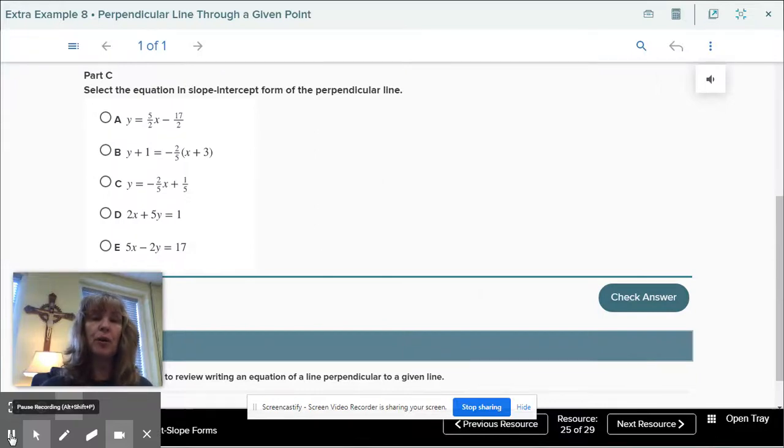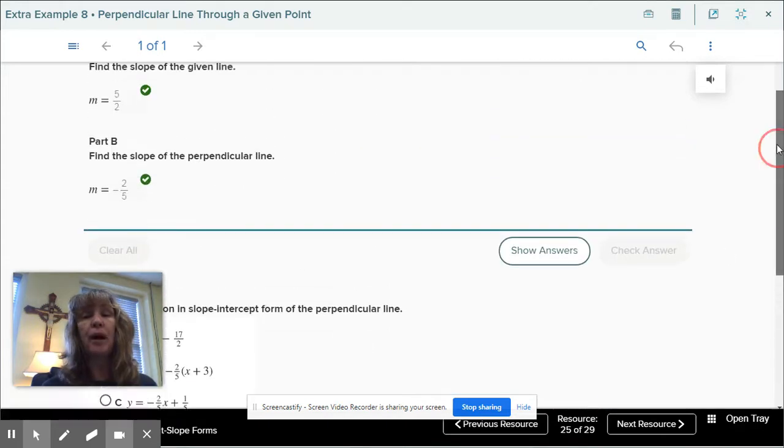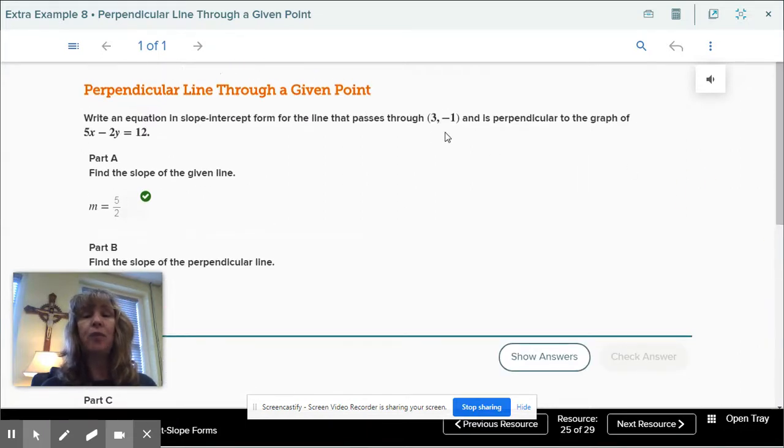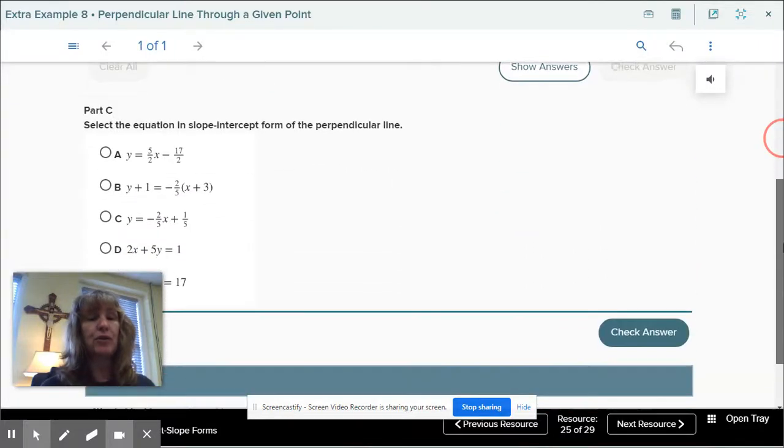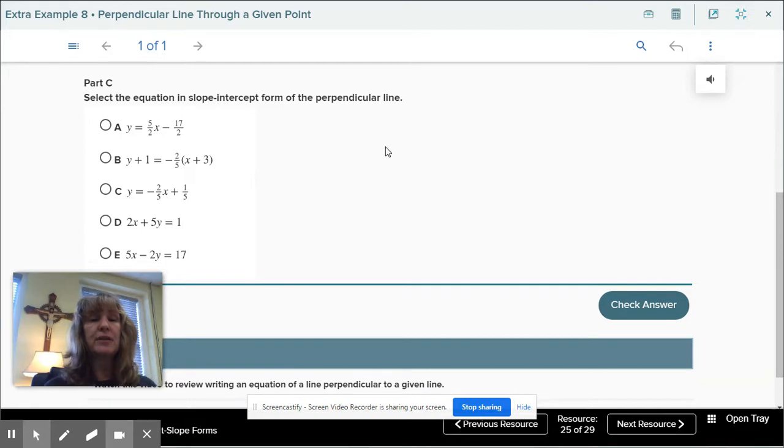Now I want you to determine the new equation, the perpendicular line, given these 2 points above, 3 and -1, with a slope of -2/5. 3 is your x, -1 is your y, and your perpendicular slope is -2/5. I'm going to write that down here so that you can do your equations.